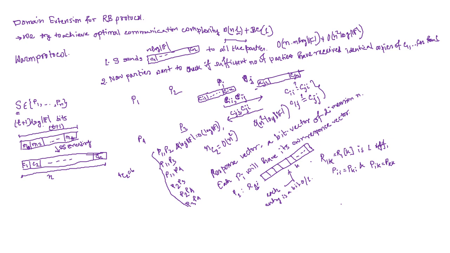Now see, there are n parties and each party has an n bit vector to reliably broadcast to everyone, right? So there comes the phase requiring the bit broadcast protocol for n square number of bits.